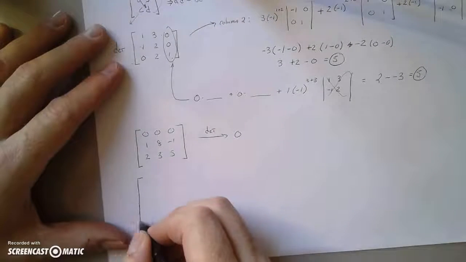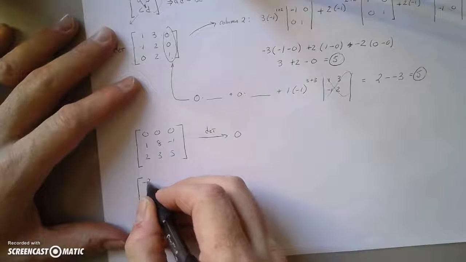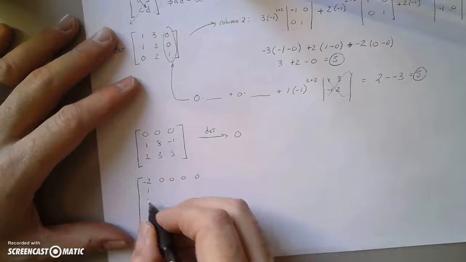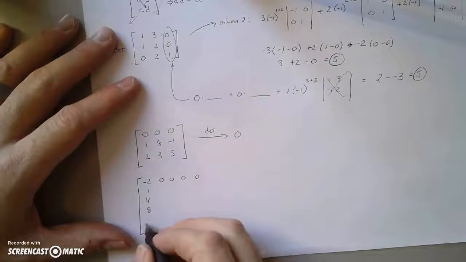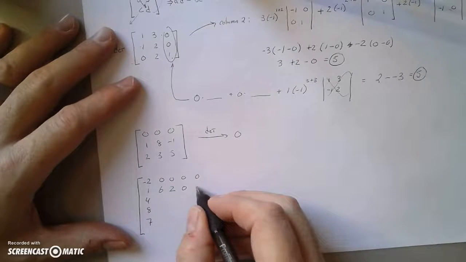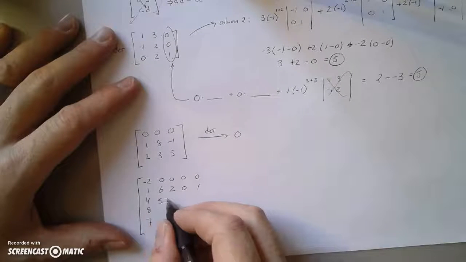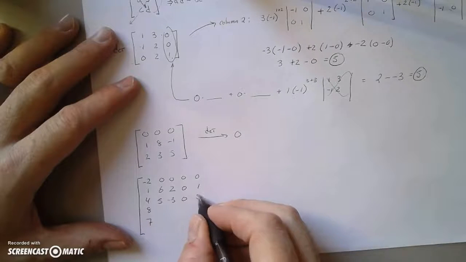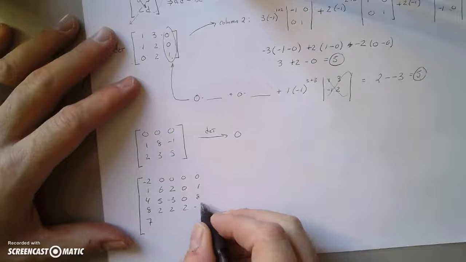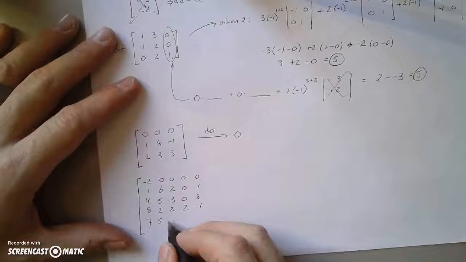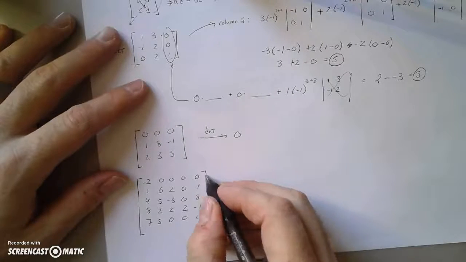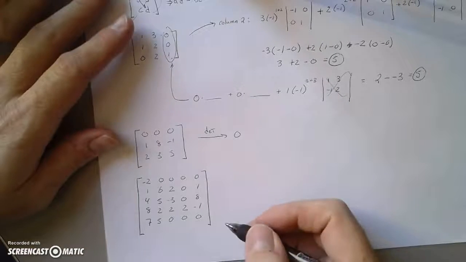Another one, suppose I had negative 2, 0, 0, 0, 0, 1, 4, 8, 7, then 6, 2, 0, 1, 5, negative 3, 0, 8, 2, 2, 2, negative 1, 5, 0, 0, 0. So this looks like a pretty beefy determinant.